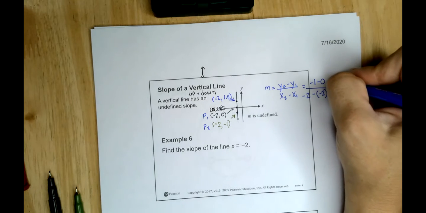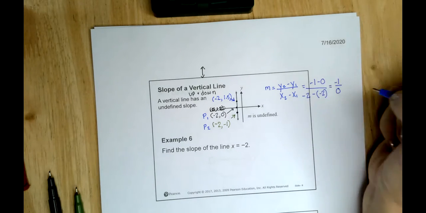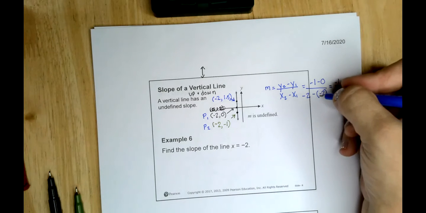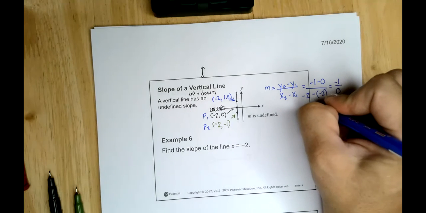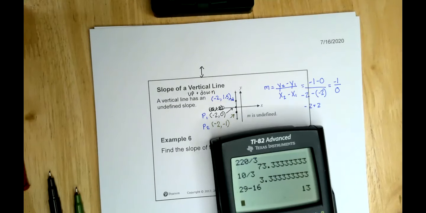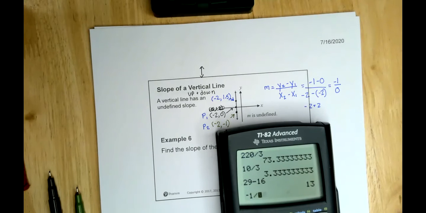So that is -1 over 0, because -2 minus a -2 is like -2 plus 2, and you get 0. Anything divided by 0 is undefined. -1 divided by 0 is undefined. It's an error.